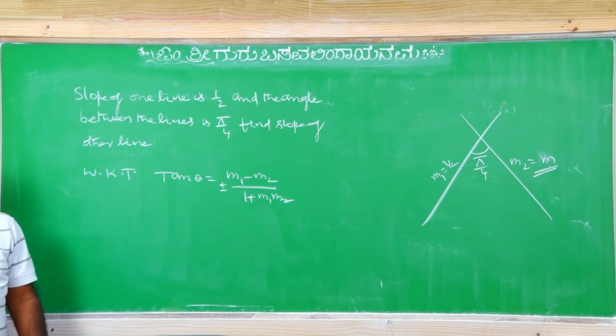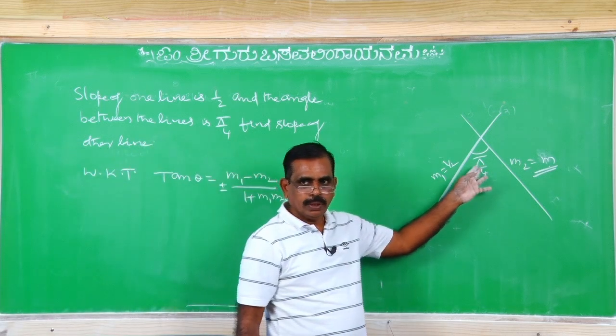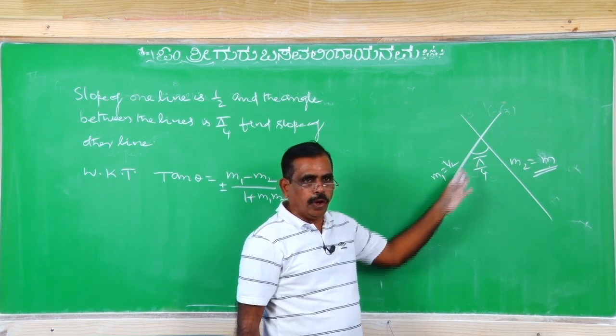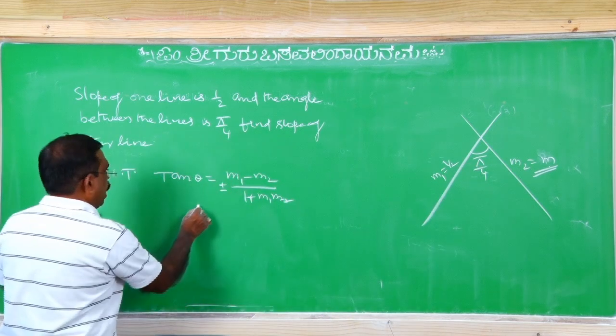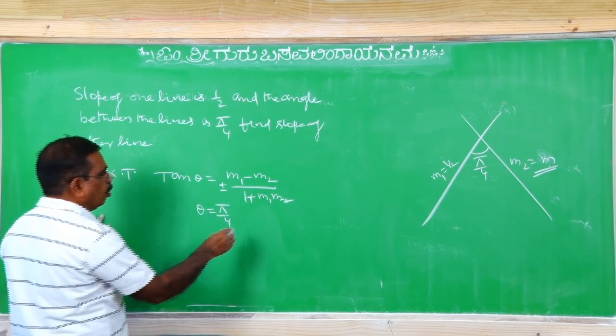Correct or not? This is the angle between two lines. The angle between two lines is given as pi by 4. Theta is equal to pi by 4. Write down.